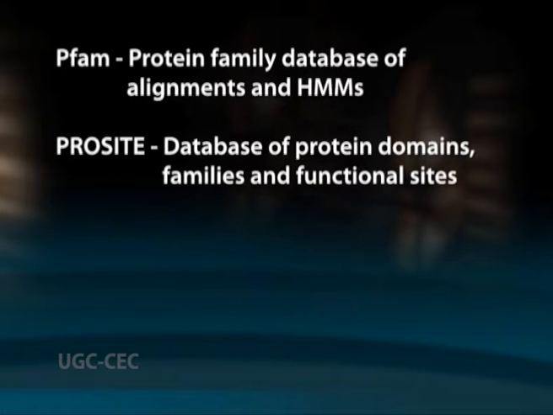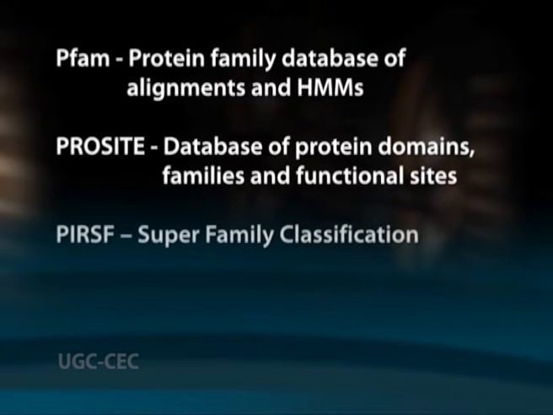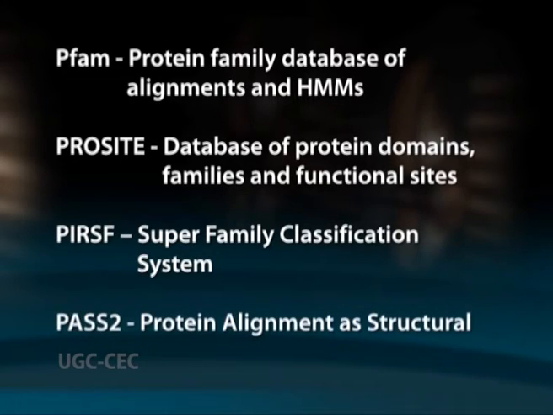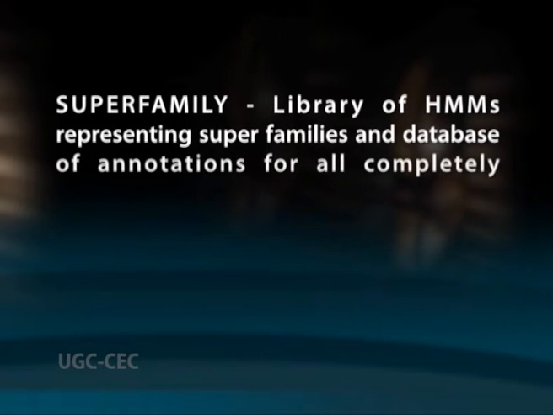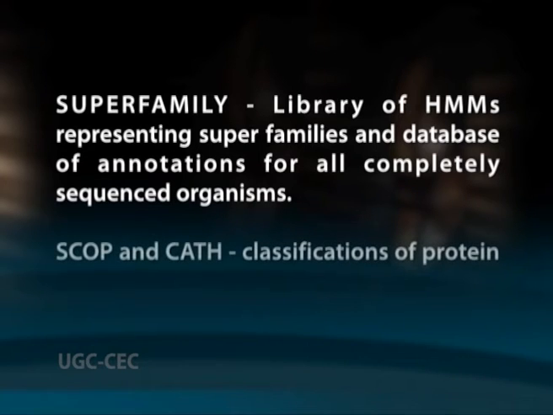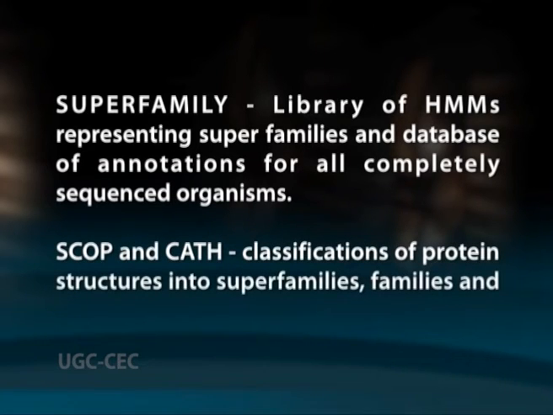PROSITE is a database of protein domains, families and functional sites. PIRSF is a superfamily classification system, and PASS2 is protein alignment as structural superfamilies. The SUPERFAMILY database is a library of HMMs representing superfamilies and a database of annotations for all completely sequenced organisms, and SCOP and CATH are classifications of protein structures into superfamilies, families and domains.